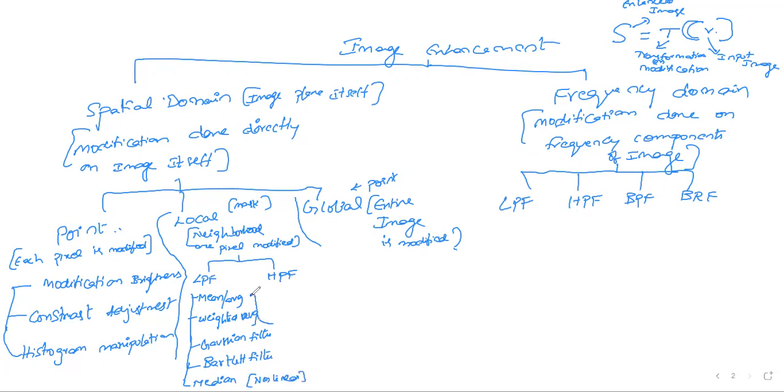Remaining all are linear filters. In high pass filter, we have unsharp masking and high boost filtering. Okay.